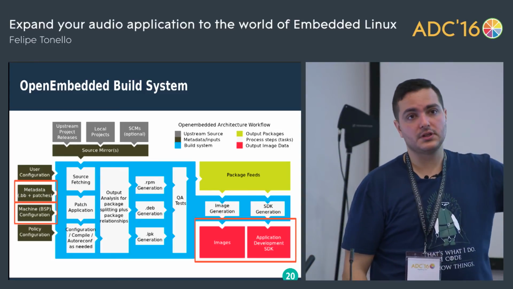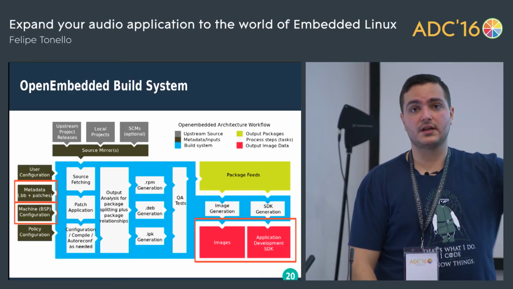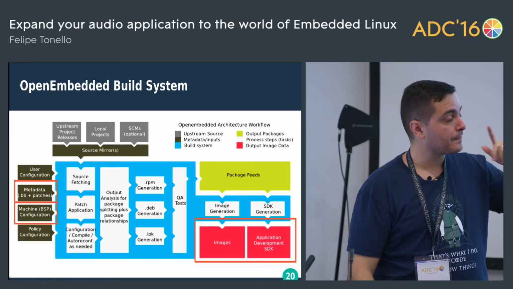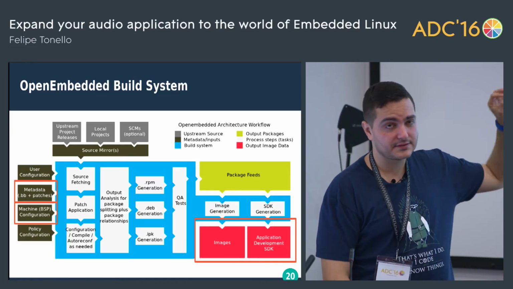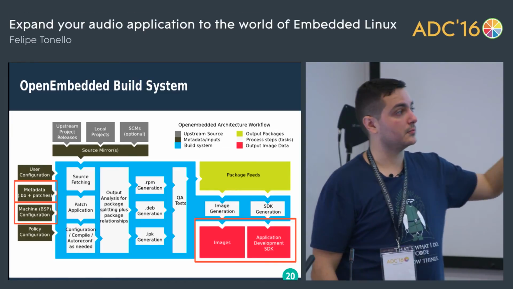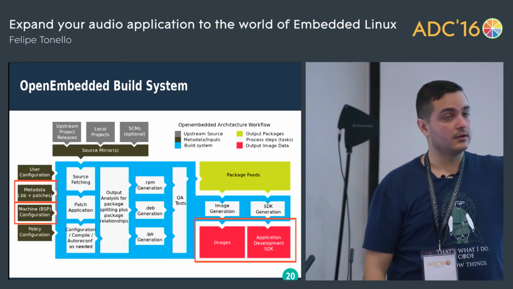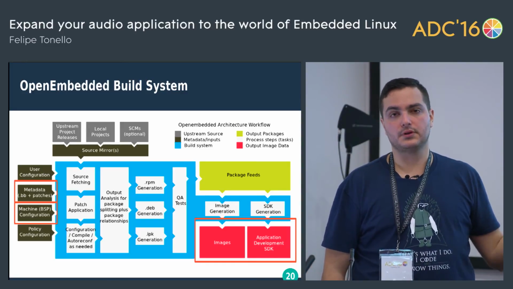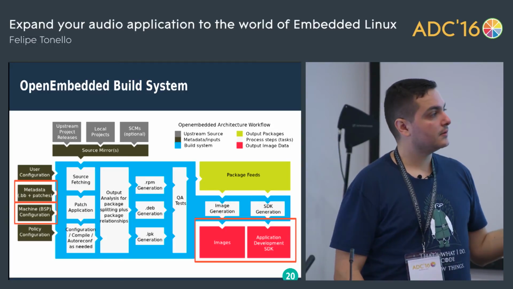And then in the end, what we care about is the image that is generated, which will be flashed to your product, right? To your device. And that's another thing I really like about this build system: it also generates an SDK for this particular image. And this is really cool.